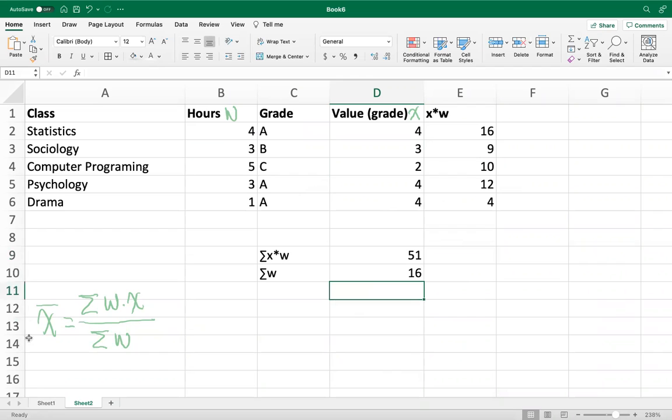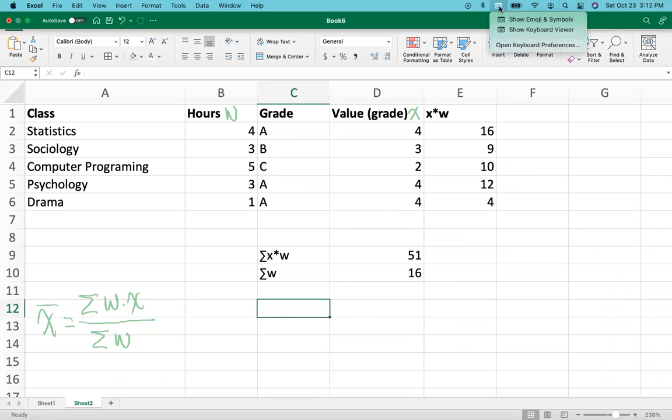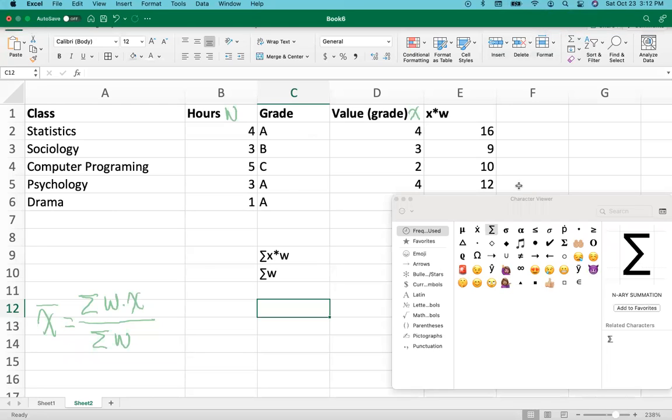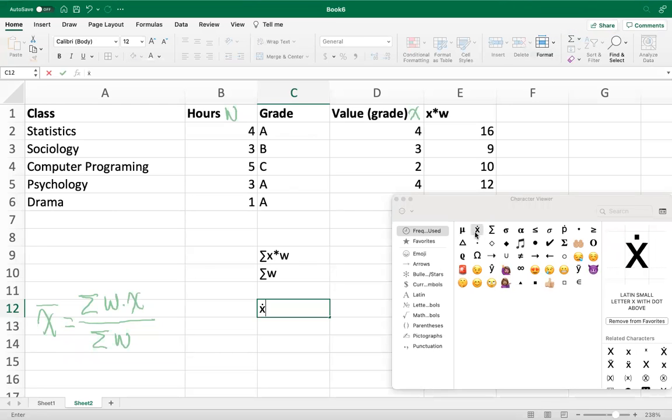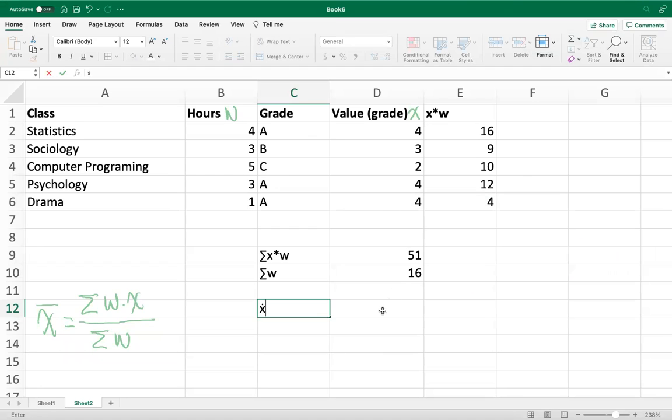Perfect. And now for the mean, X bar ends up being the quotient of the two. So X bar is equal to the sum of the products divided by the sum of the weights.